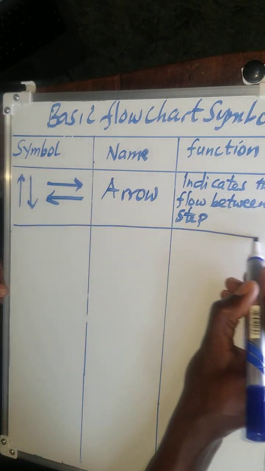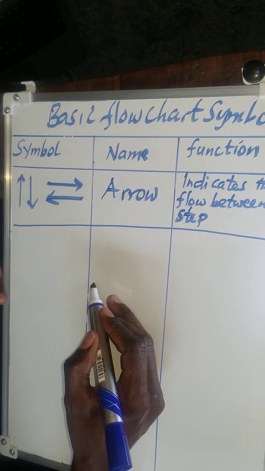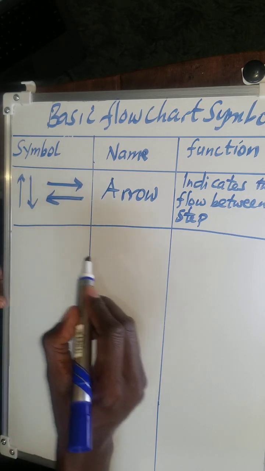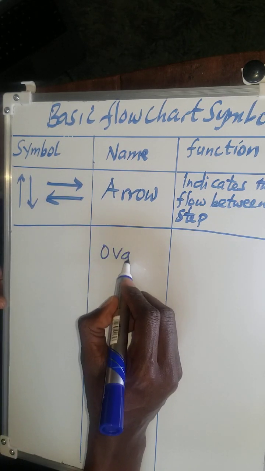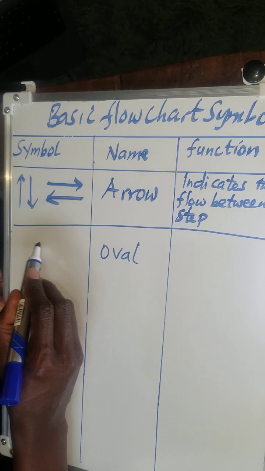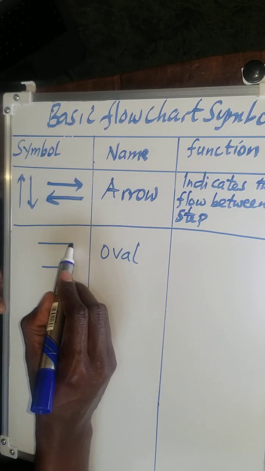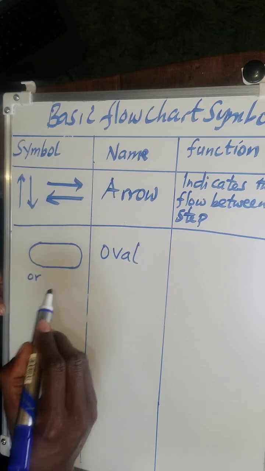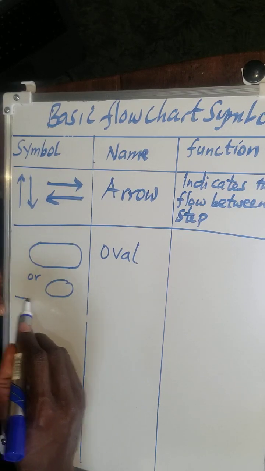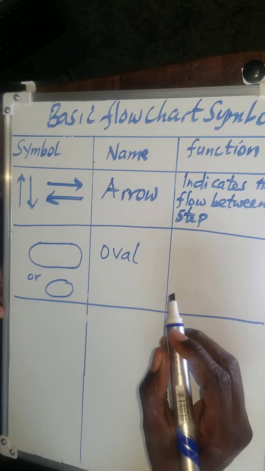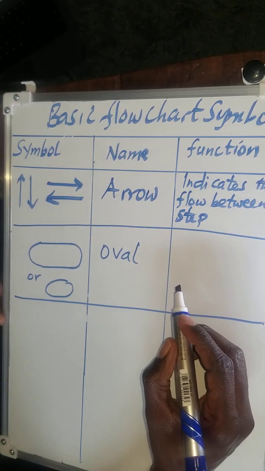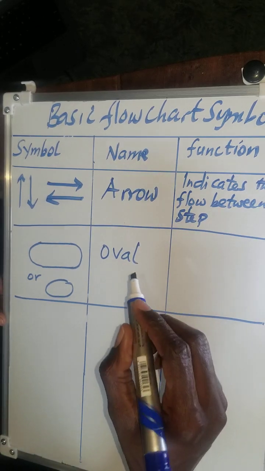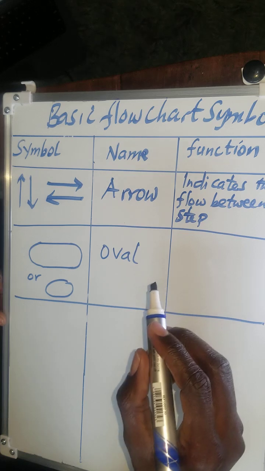Another symbol that you're going to find in a flow chart is an oval. So you're going to have an oval shape. It may look something like this, or basically we can just draw it in that manner. So what does that oval represent? Well, the oval represents the start or end of a process.